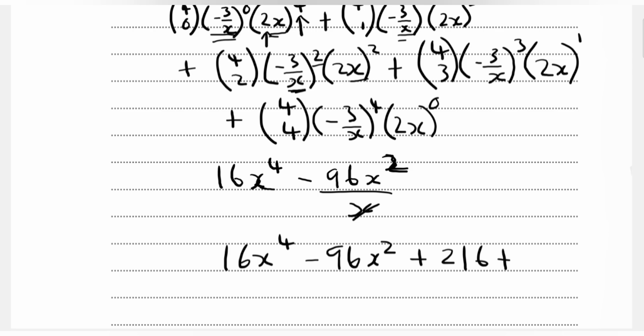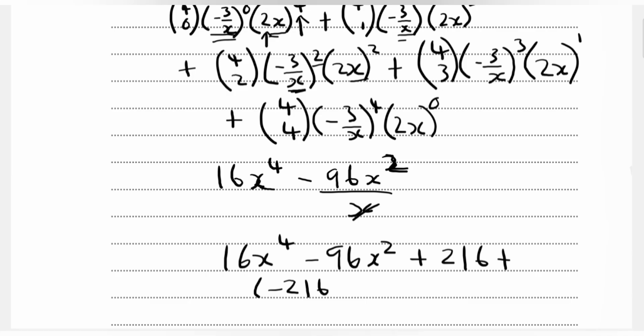Then for the fourth one, we're now saying 4 choose 3 times minus 3 to the power 3 times 2, right? And it's giving us minus 216.